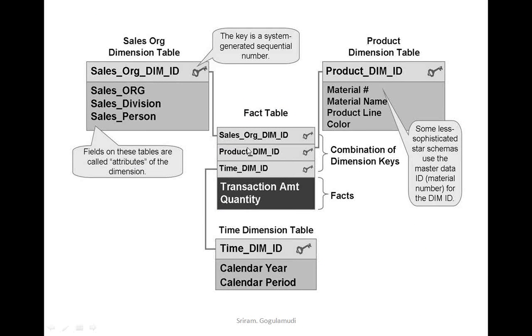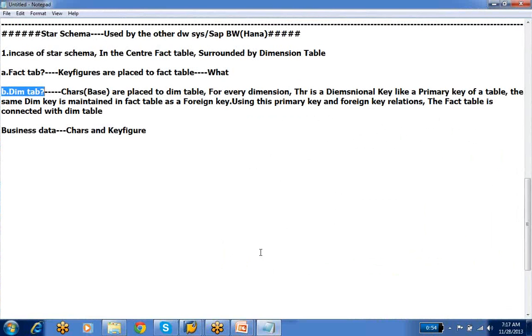You can see here the fact table data like sales quantity getting analyzed with respect to sales org dimension, product dimension and time dimension. So the fact table data is analyzed with respect to multiple dimensions, nothing but multi-dimensional data analysis.